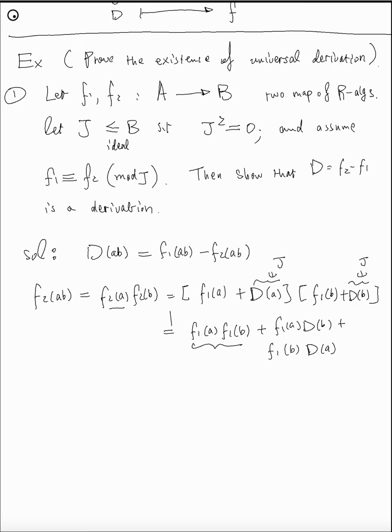So finally you see that D of AB equals F1 of A times D of B plus F1 of B times D of A. I claim this is just A acting on DB plus B acting on DA. And so we are done.